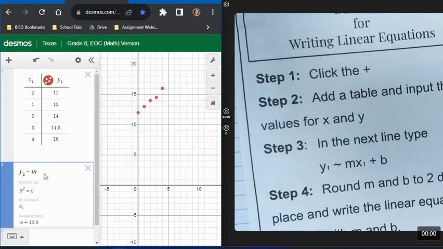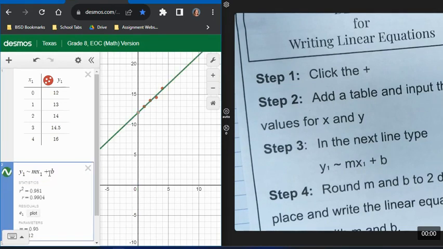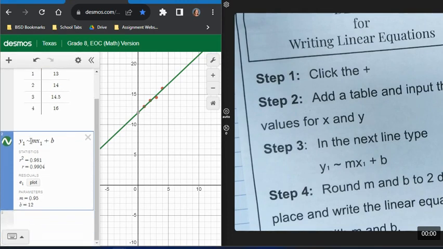Then m x1 plus b. Whenever you do that, it gives you this information.